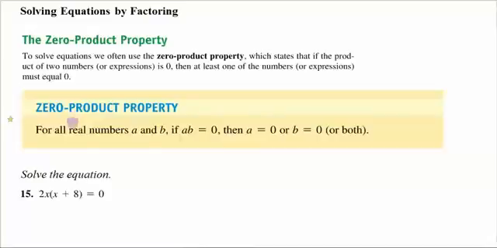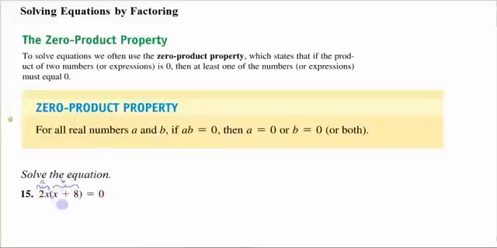If we use the zero product property for this equation, this is our a, and this is our b. So we have two expressions, a and b, and they're being multiplied together. They equal 0. So we know that we can use the zero product property. First of all, we have a 0 on one side, and we have a product.